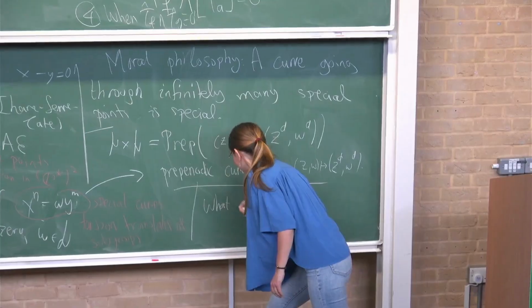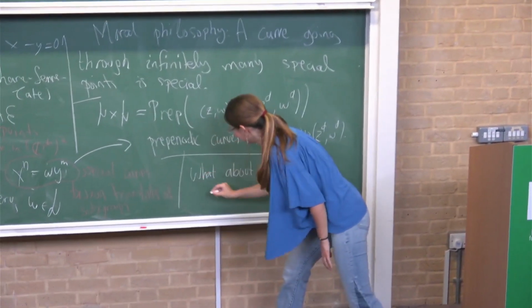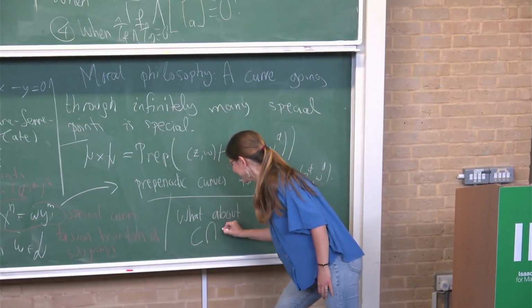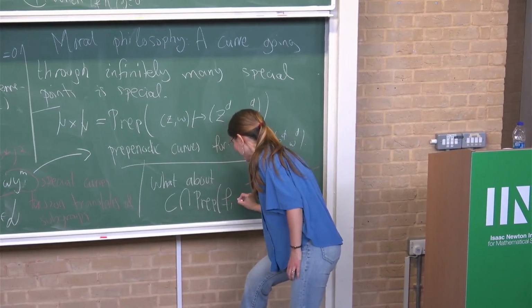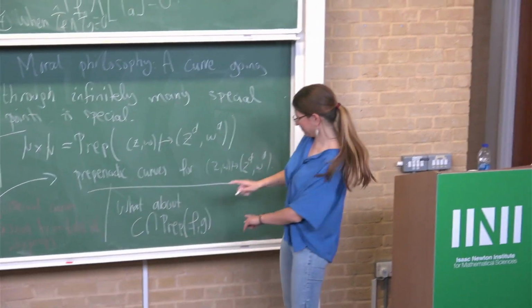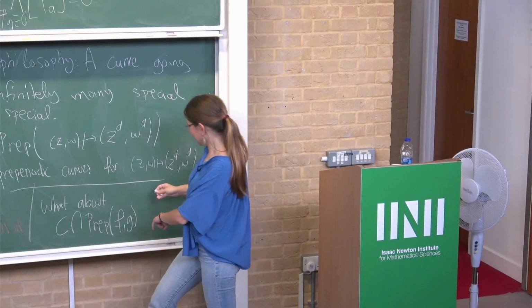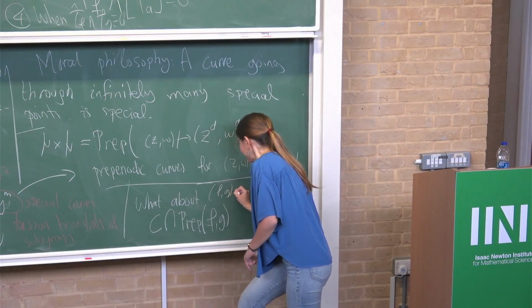What about the intersection of a plane curve again with pre-periodic points of a map that I write as (f, g)?